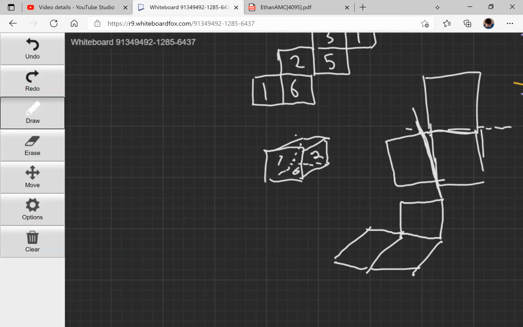Then it'll move so that it gets folded. So it's touching everything now. See? So this would be the 6, the 2, and the 1. And this would be the 6, the 1, and the 2.